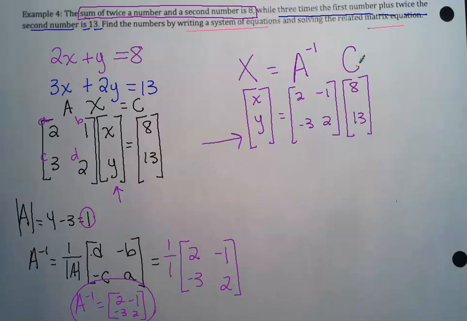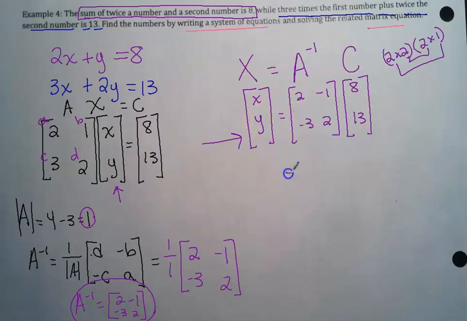Again, if we check, I have a 2 by 2 matrix. I'm multiplying by a 2 by 1 matrix. So yes, I can multiply because my two numbers in the middle match, and my solution is going to be a 2 by 1, which it should always be a 2 by 1, right? I should have a value that's equal to x and one value that's equal to y in my matrix.